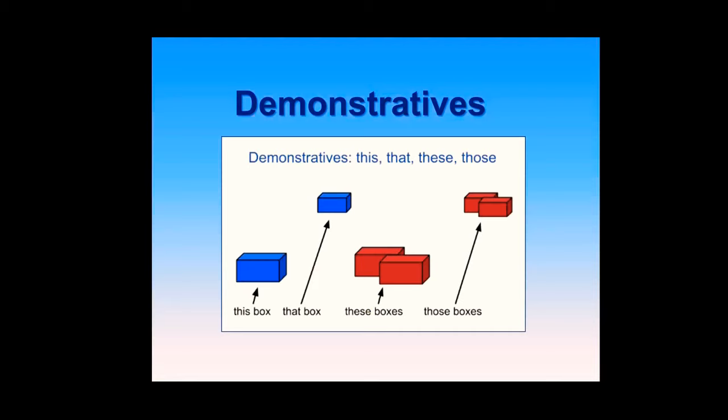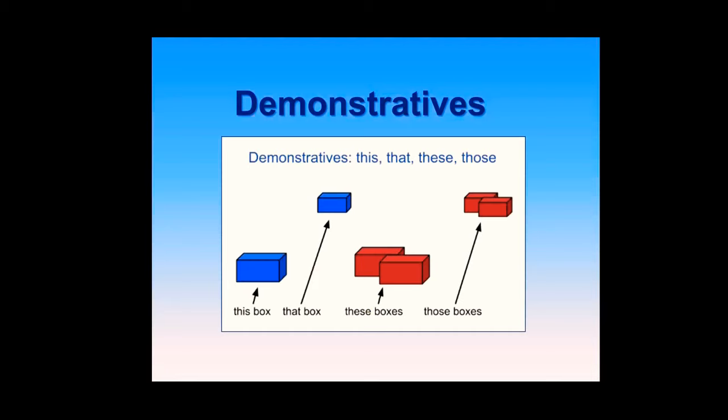The next is demonstratives. Demonstrative determiners obviously demonstrate something. Demonstrate means to show something. Here we will talk about these 4 words: this, that, these, those. This we use when we have to show something, one singular thing which is near to us.